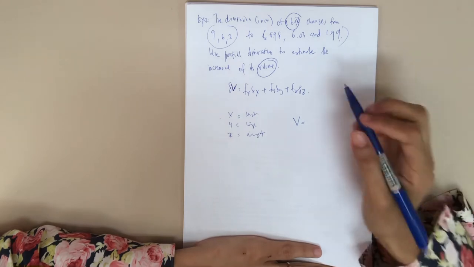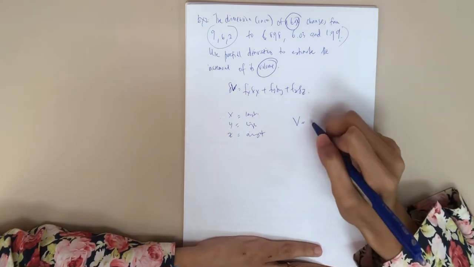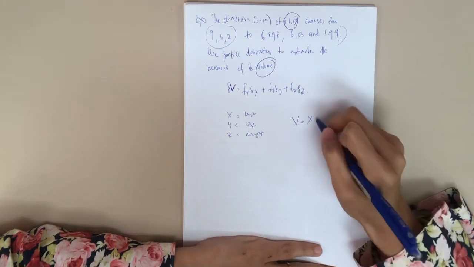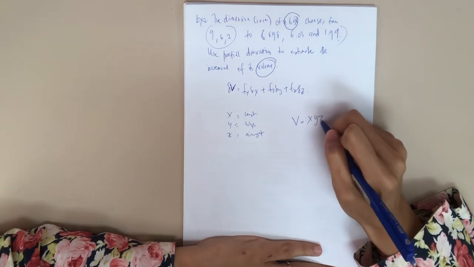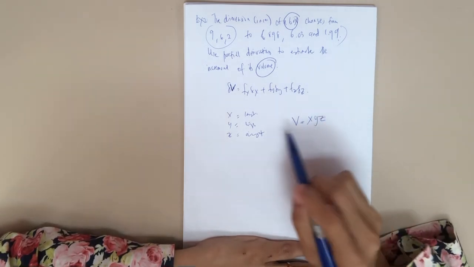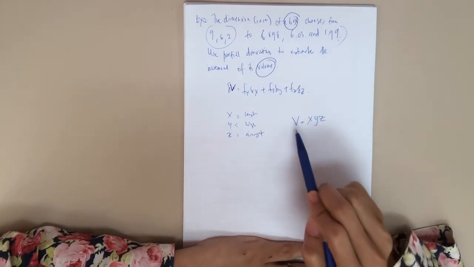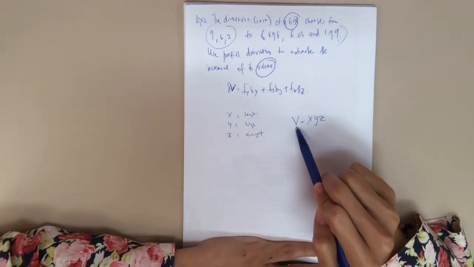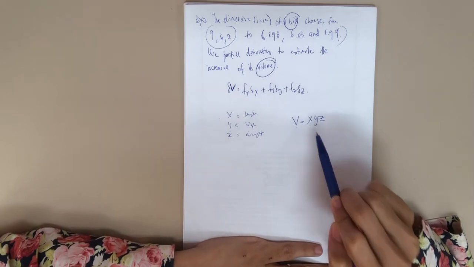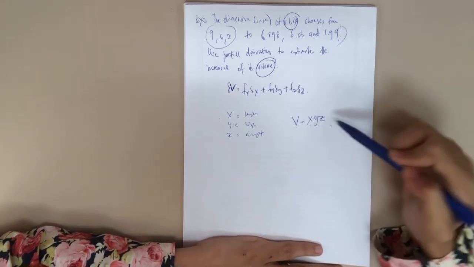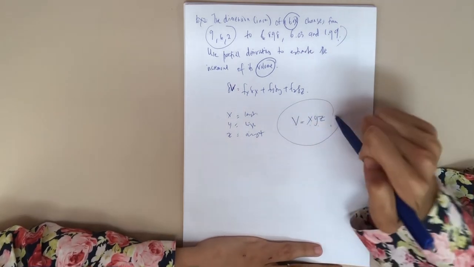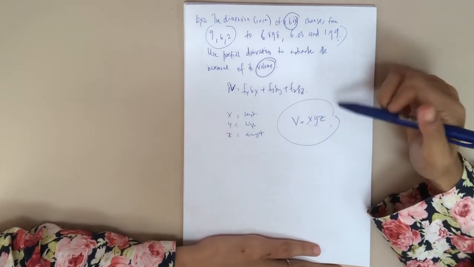So we know that the volume of the box is length times width times height. Because I already let x, y, z be the length, height and so on, V is equal to x times y times z. So this is my function. This is our function.